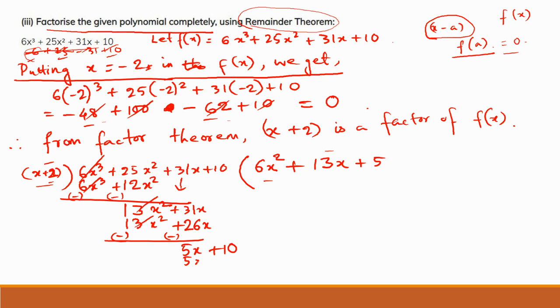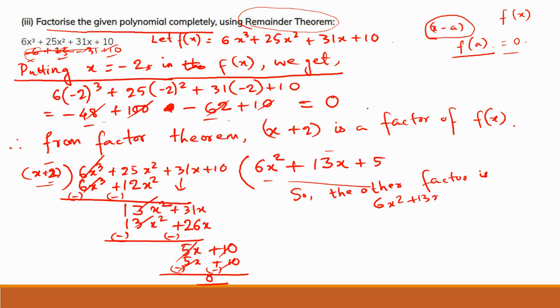You will get 5x plus 10, and then subtraction, everything becomes 0. The remainder is 0. Then the other factor is 6x square plus 13x plus 5.